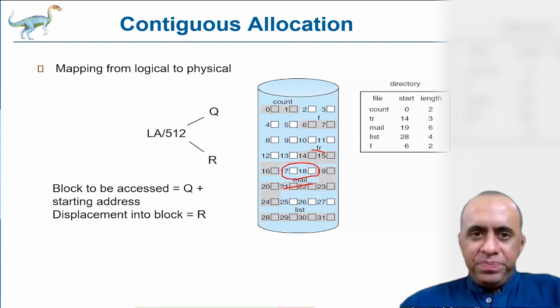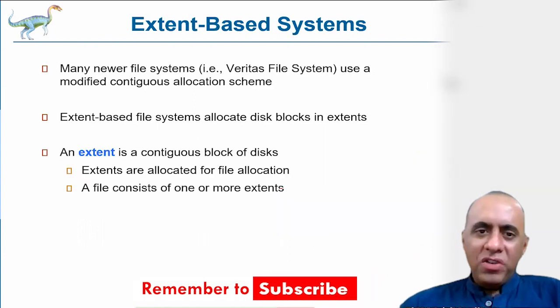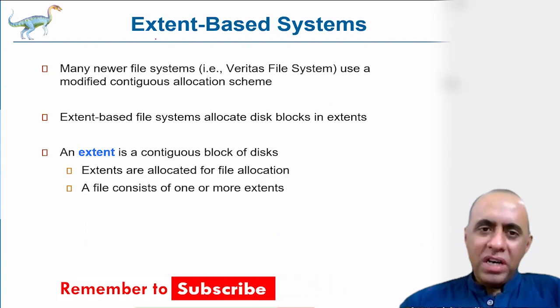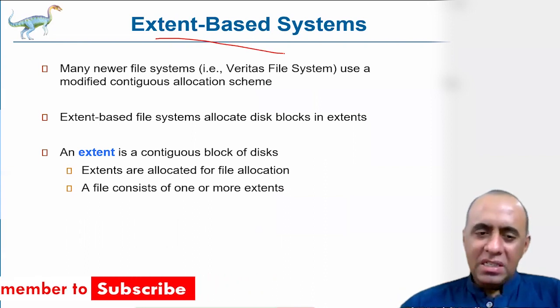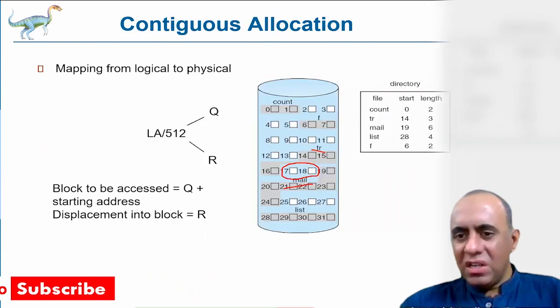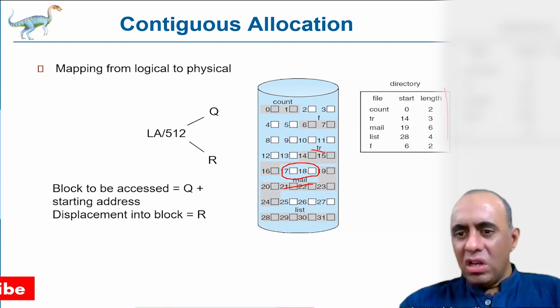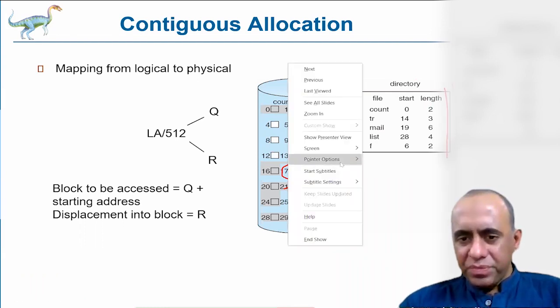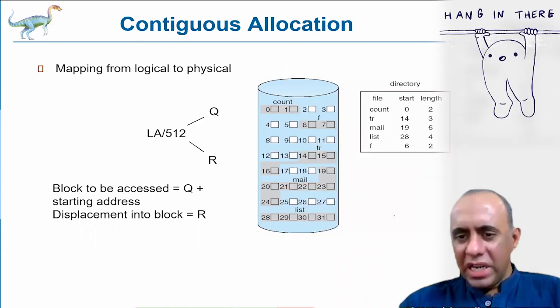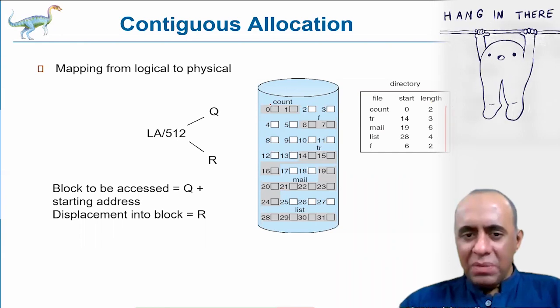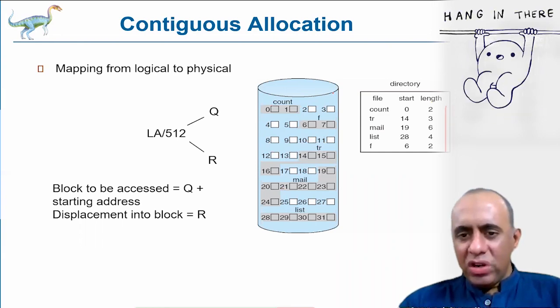In order to get rid of this problem, we can modify this scheme to an extent based system, where the directory structure will now contain more columns to store the information of more extents. For example, there was a file which I broke into two parts.